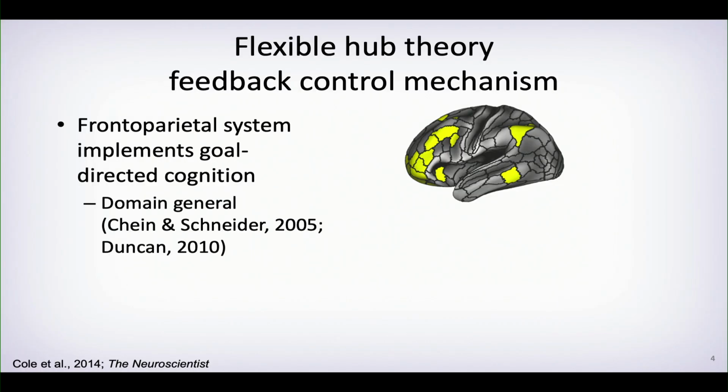And one really interesting thing, if you look across the literature, is that it's really domain general cognition, and it seems to be sensitive to the difficulty of the task, the novelty of the task, but not so much the particular type of stimulus or whether it's a motor task or not. It's even involved in emotion regulation, apparently, and a wide variety of different things.